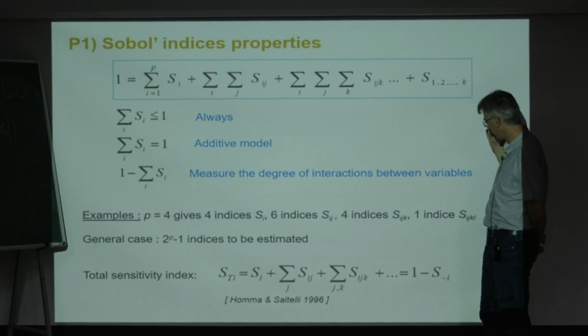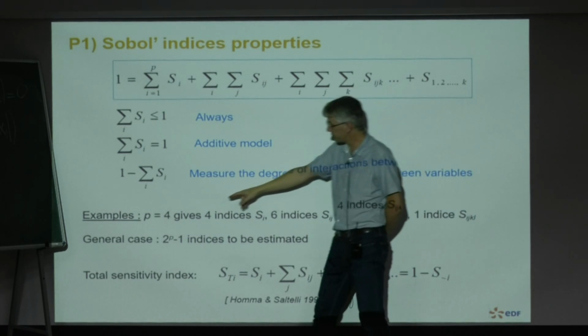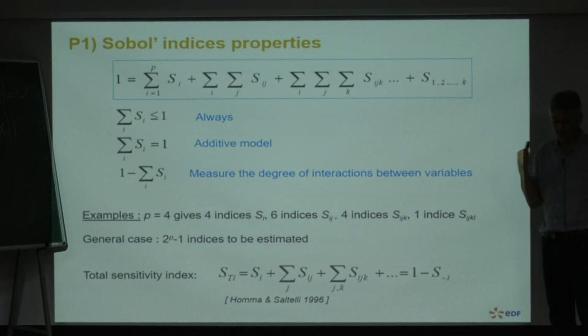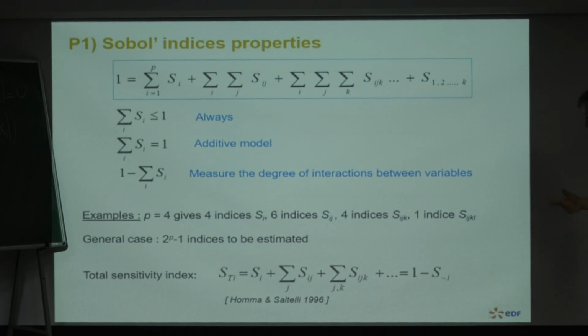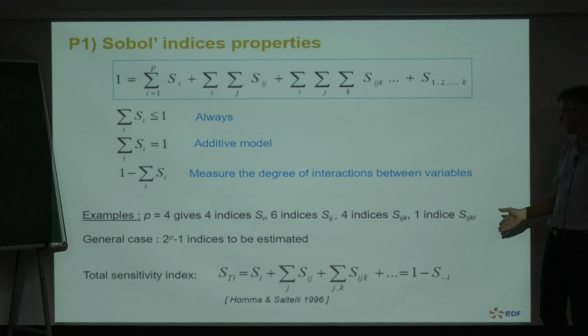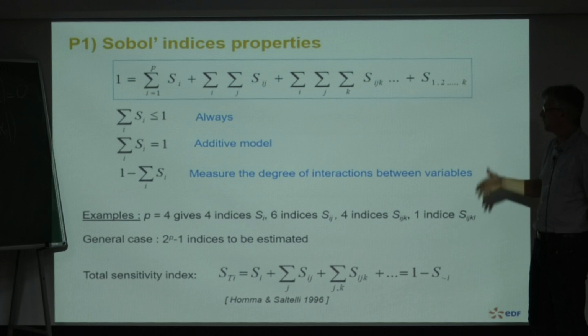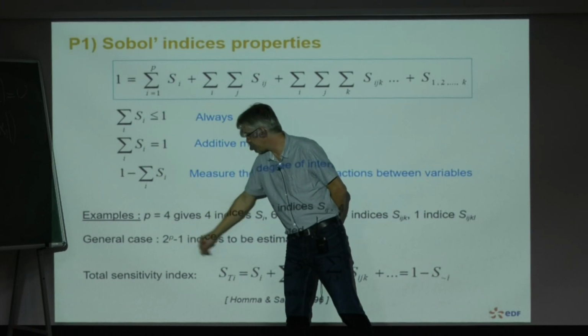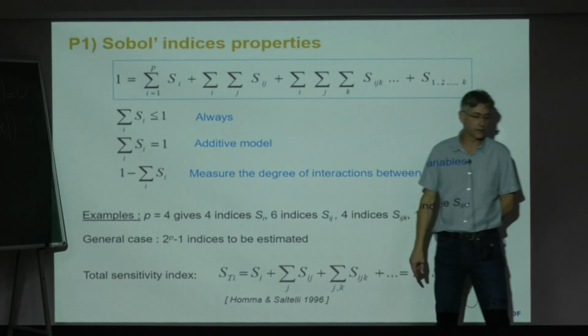For example, with p equal to 4, I have 4 first order indices, 6 second order indices, 4 third order, and 1 fourth order. So I have 15. In the general case, I have 2 to the power p minus 1 indices to be estimated.